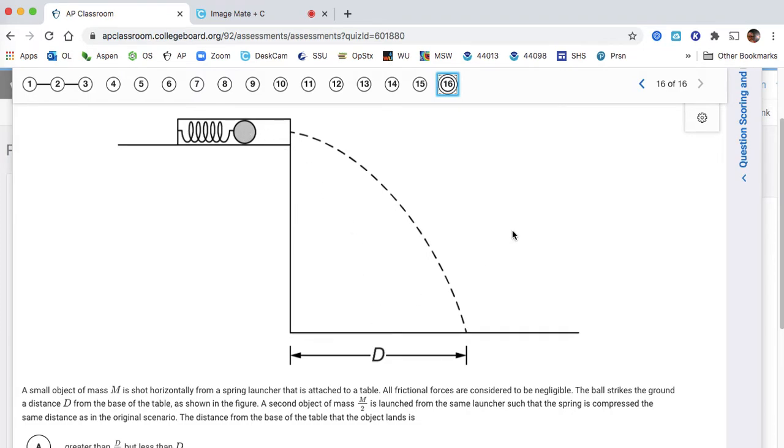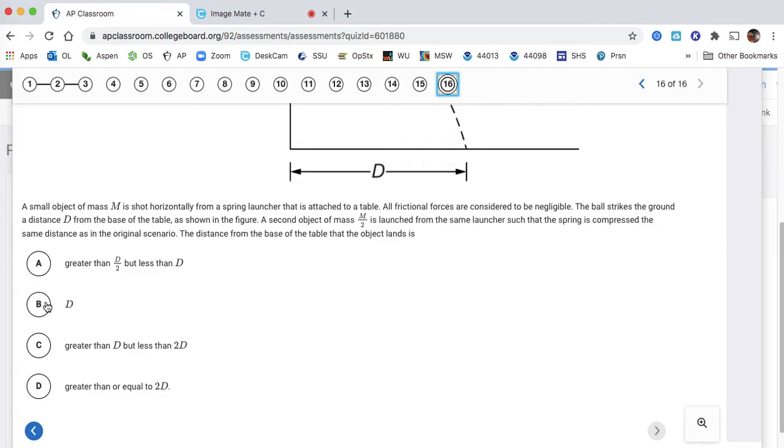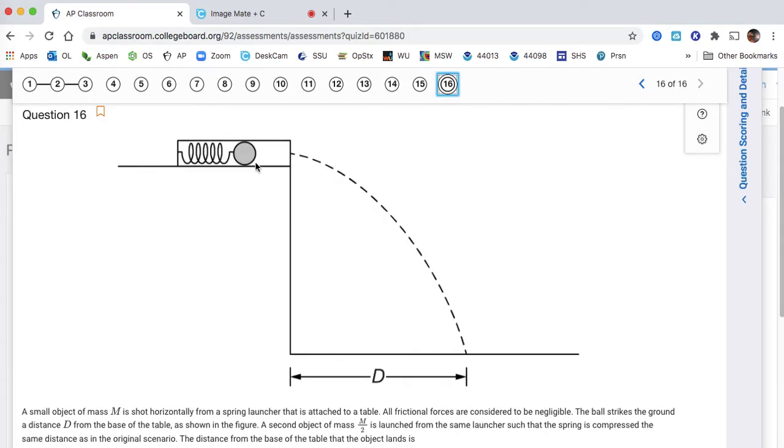Okay? Now, I was really fast to throw B in the trash because I know just from intuition, if I put a ball on a spring and I compress it and I shoot it, it goes some speed. And if I put a ball with half the mass on the same spring and I compress it in the same way, it's going to go faster. Right?